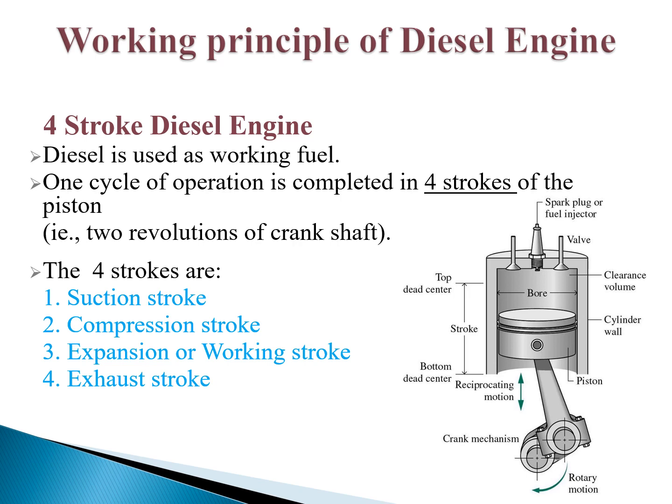Here we are going to discuss the four-stroke diesel engine. In a diesel engine, we all know that the fuel used is diesel. Diesel is used as the working fuel. And coming to the stroke, it is based upon the movement of the piston.